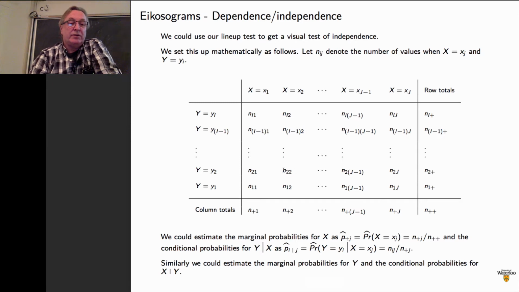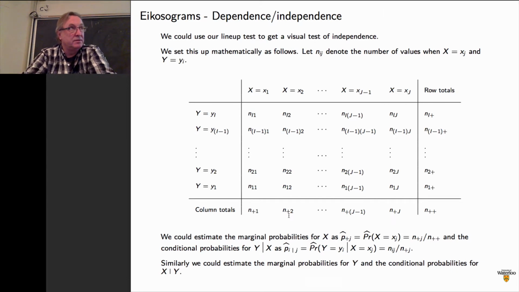If I wanted to do the P22 cell, I could take the marginal probability of getting x equal to x2, so n plus 2 divided by n plus plus, times the conditional probability of getting y2 given that I've got x equals x2, which would be n22 divided by that.